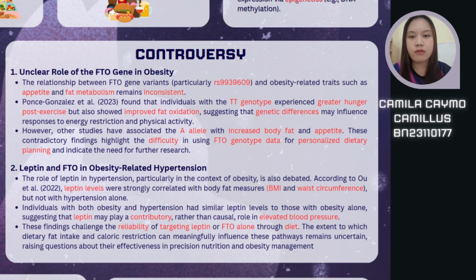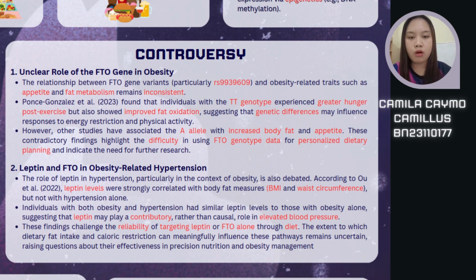This suggests that different FTO genotypes may affect how individuals respond to exercise and diet. However, other studies have found contradictory results, linking the AA genotype instead with increased body fat and appetite. This inconsistency makes it difficult to confidently use FTO data in designing personalized diet plans. So, further research is needed before it can be applied in nutrition or public health settings.